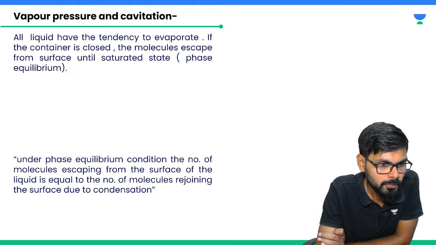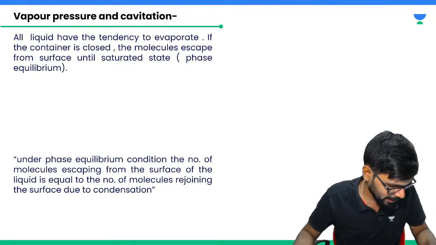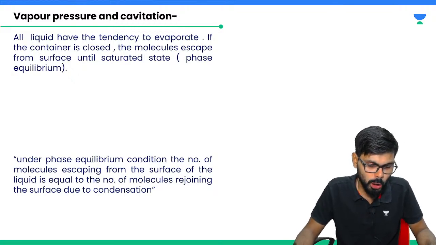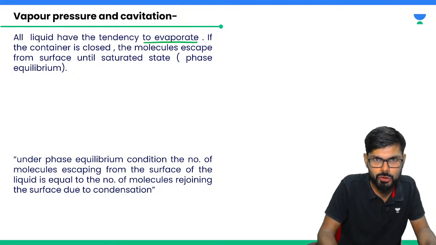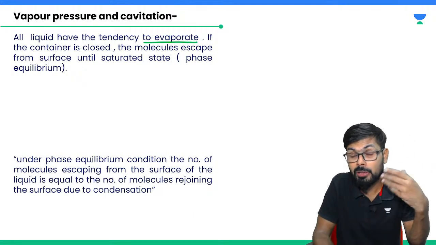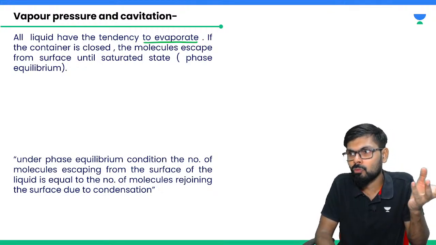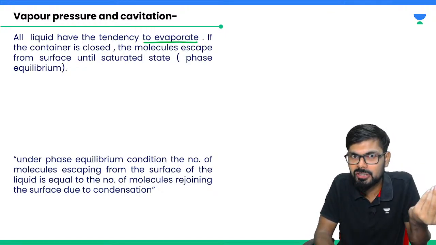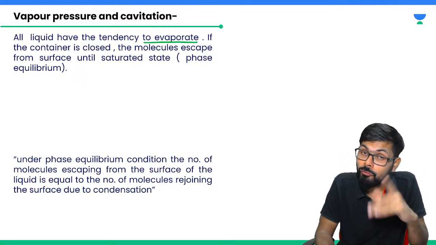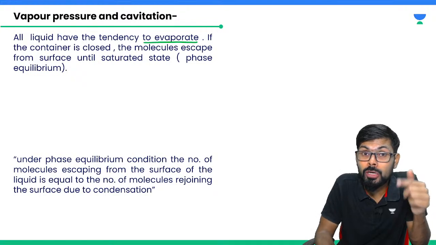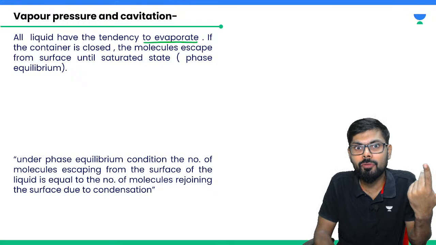Okay. So now I am going to give you the theory part so that you can make your notes. All liquids have a tendency to evaporate. We all know that some liquids evaporate fast, some evaporate slow. Like water: water's evaporation rate is faster compared to mercury, whereas petrol evaporates even faster than water.